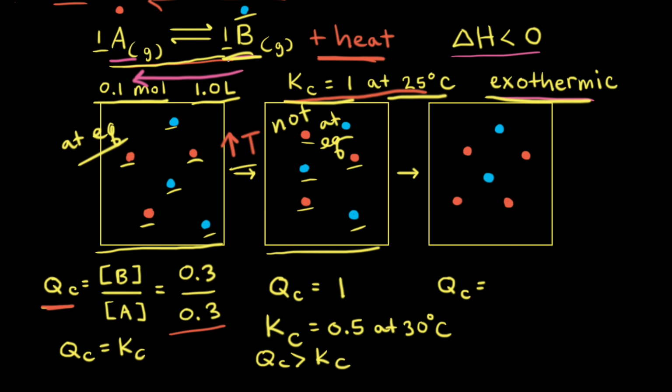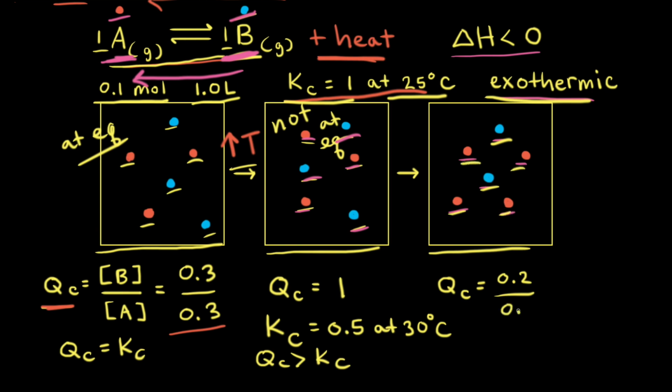When the net reaction goes to the left, we're going to have B turn into A. So we should see 1 blue sphere turn into 1 red sphere. So if we have 3 blues and 3 reds, and 1 blue turns into a red, that gives us only 2 blues and 4 reds now. So when we calculate Qc for our third particulate diagram, the concentration of B would be 0.2 molar, and the concentration of A would be 0.4 molar.